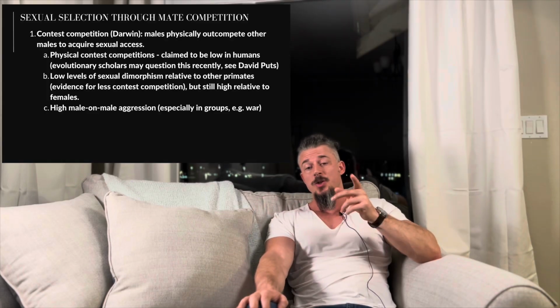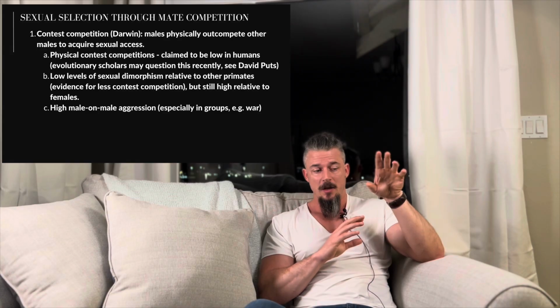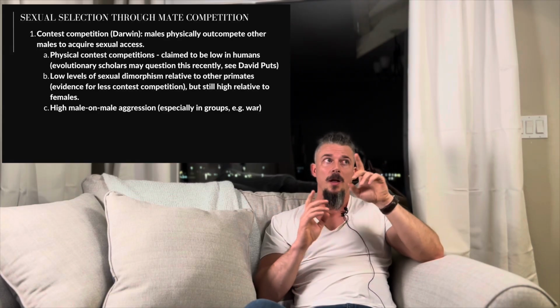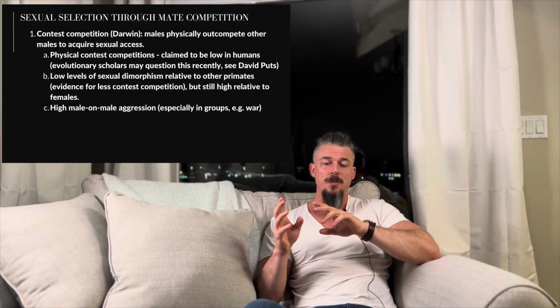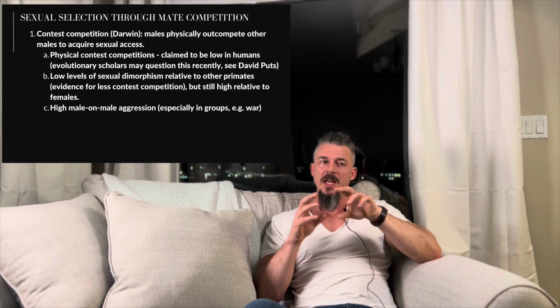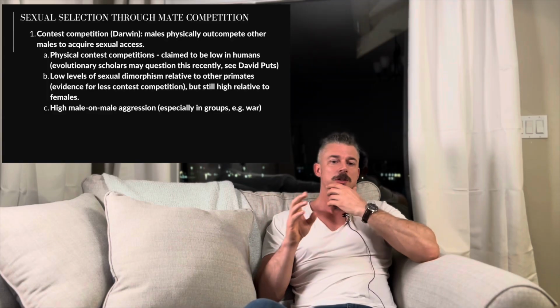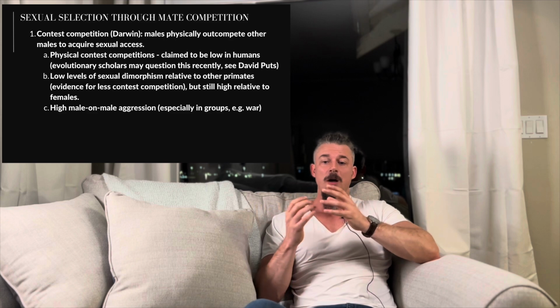Next slide, sexual selection through mate competition. This is, again, going back to the beginning of the video, what we talked about here. We have this intersexual selection, choosing mates, but we also have intrasexual competition and selection, right? Men beating other men to be chosen. So, contest competition. Darwin noted these. Males physically outcompete one another.